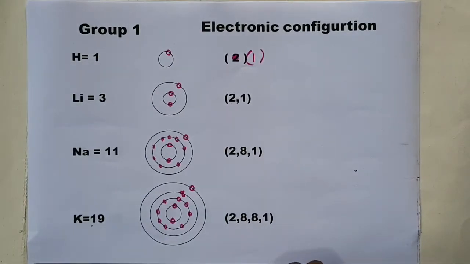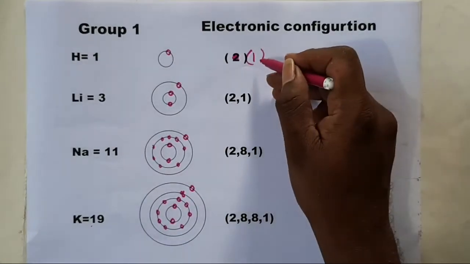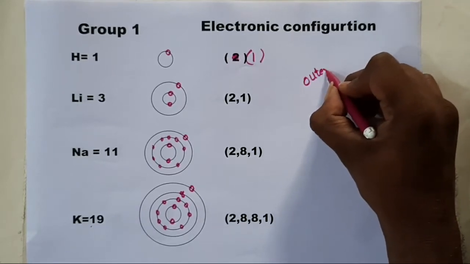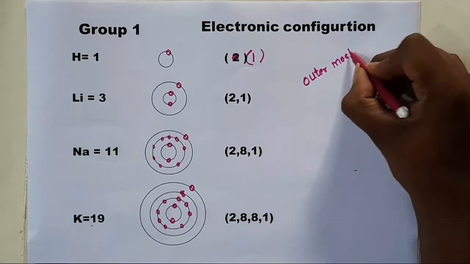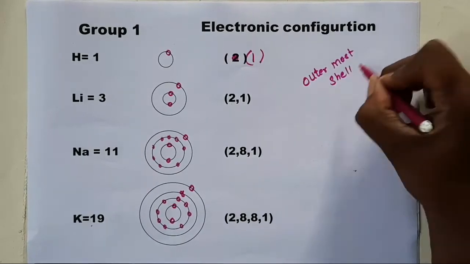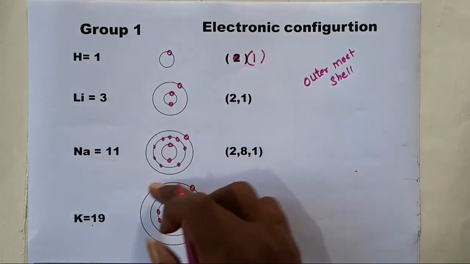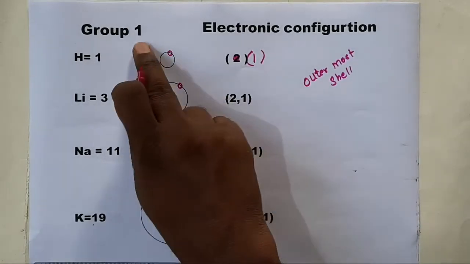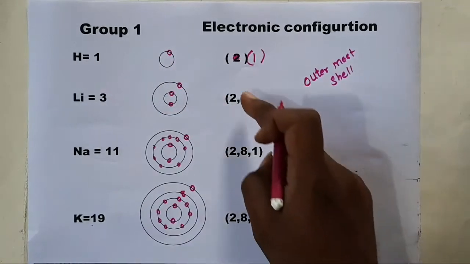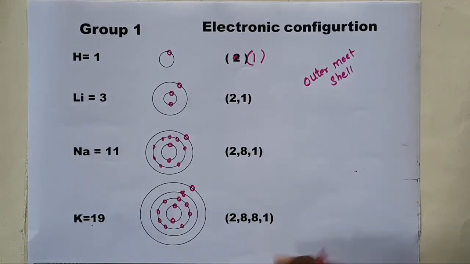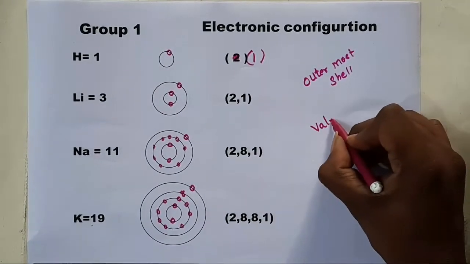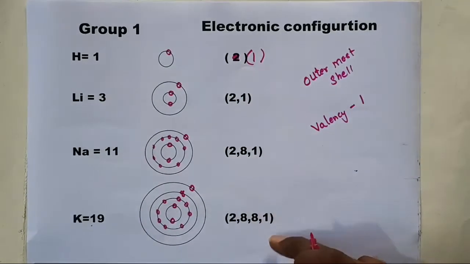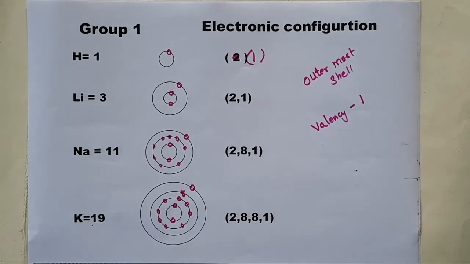You observe that the outermost shell contains only 1 electron. That means group 1 has 1 electron in the outermost shell, and the valency is 1 because it can give 1 electron.